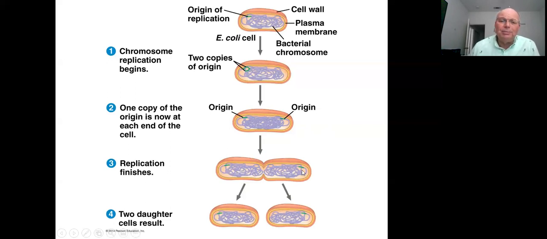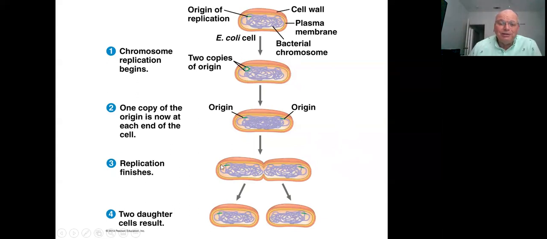We talked a little bit about that back in chapter 6 when we talked about organelles. We talked about surface area to volume ratios, and the size of the membrane has to expand in order to accommodate the increase in volume.